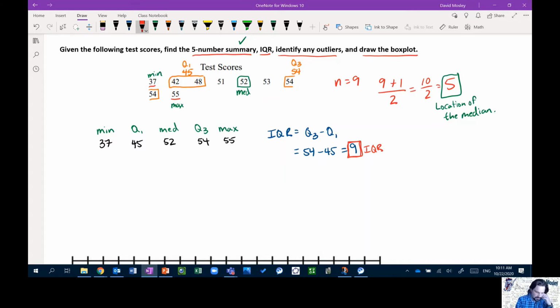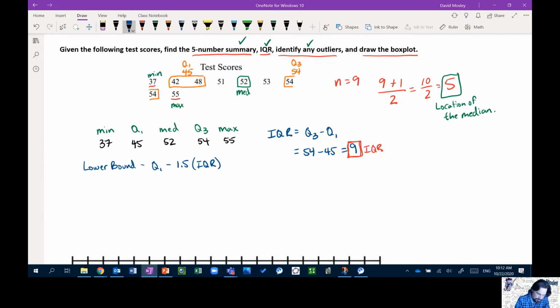So let's do that next. We've done our IQR, boom. Now we can identify outliers. So let's check for a lower bound first. Our lower bound will be Q1 minus 1.5 times the IQR.